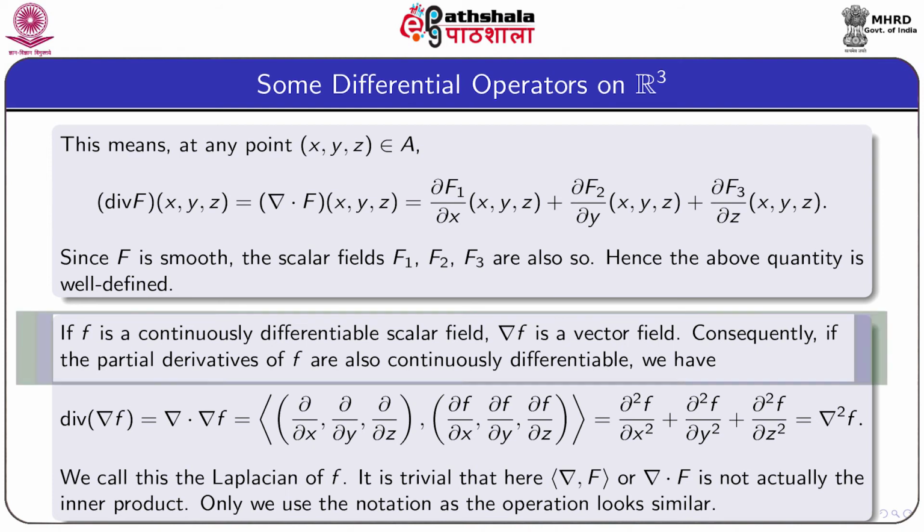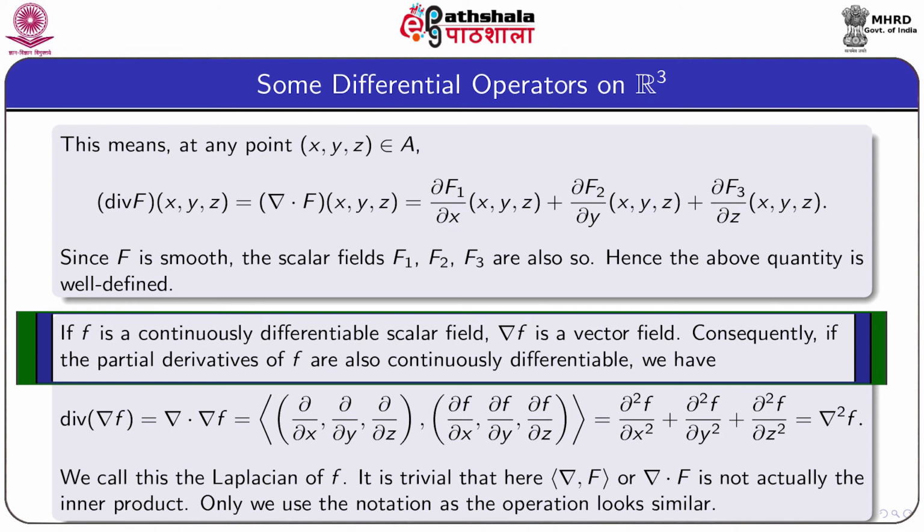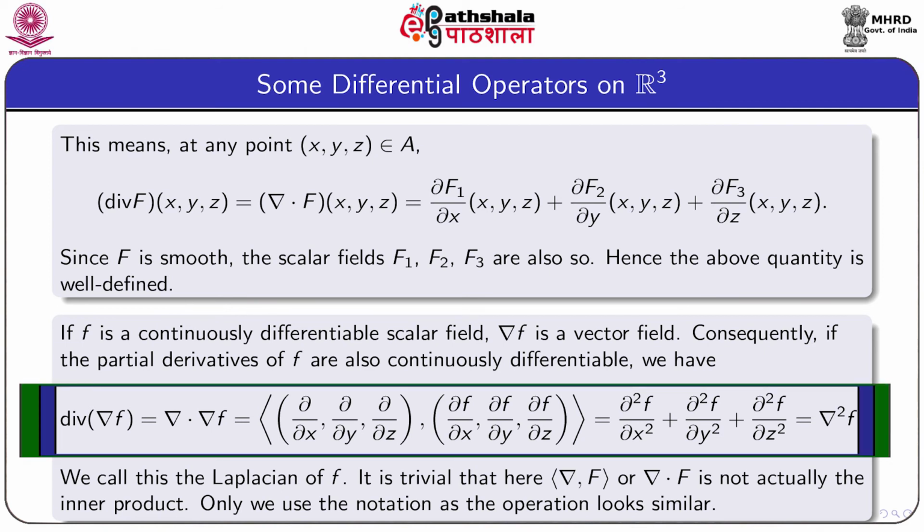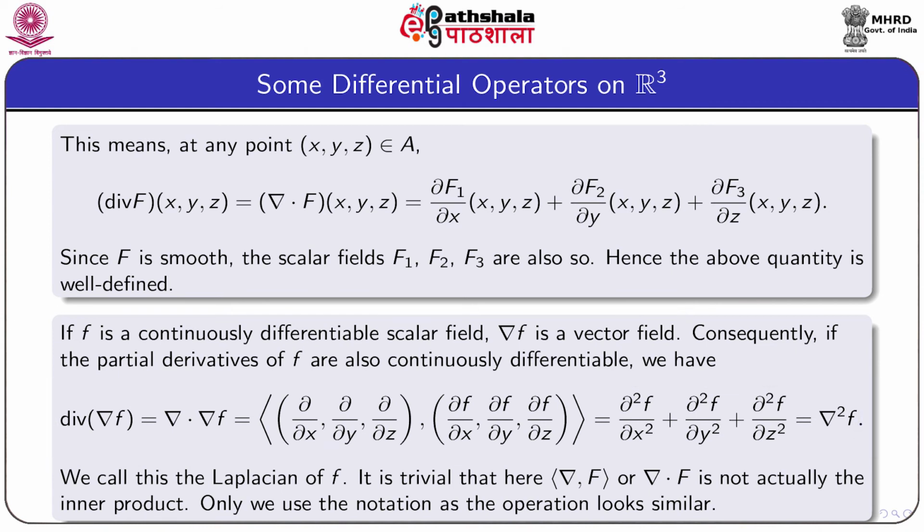Now, if small f is a continuously differentiable scalar field, then nabla f is a vector field. Consequently, if the partial derivatives of small f are also continuously differentiable, we have divergence of grad f equal to nabla dot nabla f, that looks like the inner product of (del/del x, del/del y, del/del z) with (del f/del x, del f/del y, del f/del z).